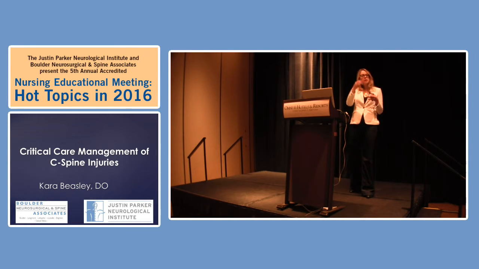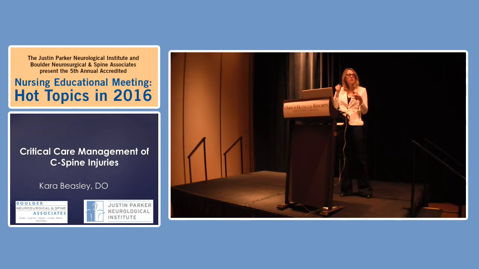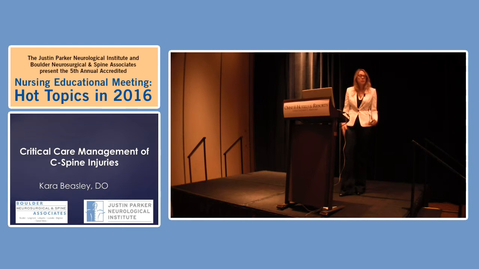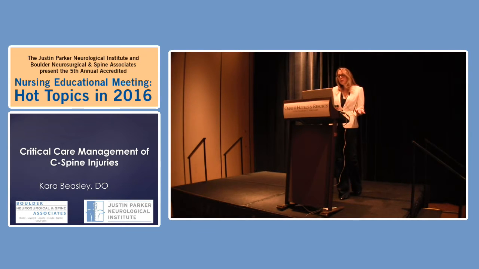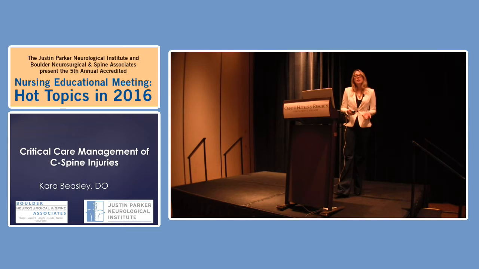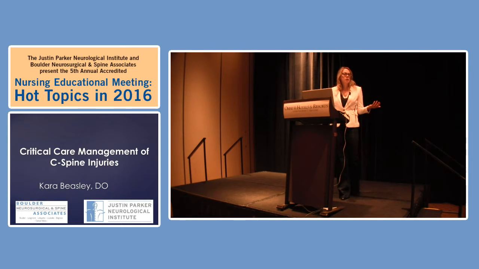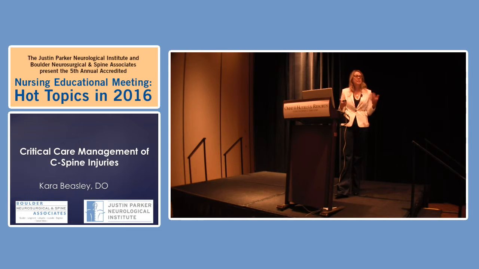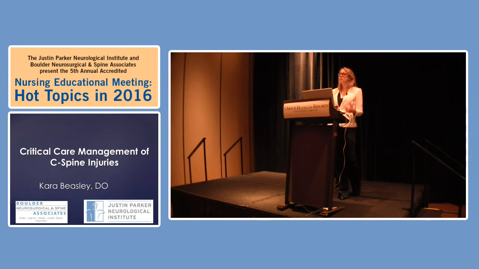For whatever reason, the central part of the cord becomes injured because of that impact. So their hands are weak and burning, their arms are weak and burning, their legs may or may not be weak. And so surgical decompression is often employed. There's some argument whether or not you do it urgently or non-urgently. The argument to do it non-urgently is you wait a month, you let the spinal cord calm down, you let them recover as much function as they can, because oftentimes they will.